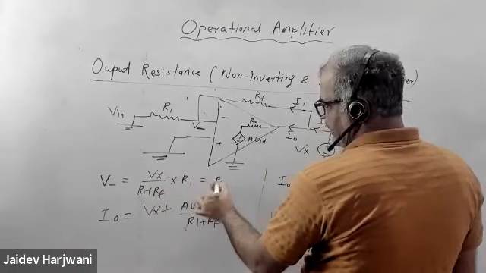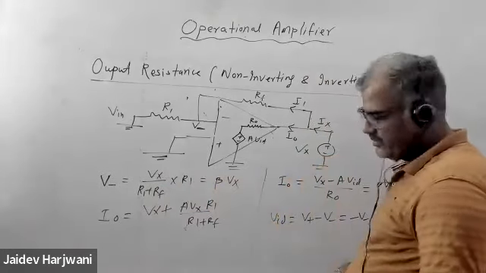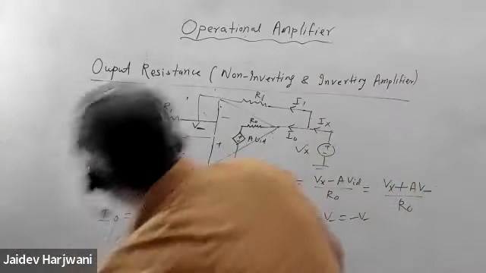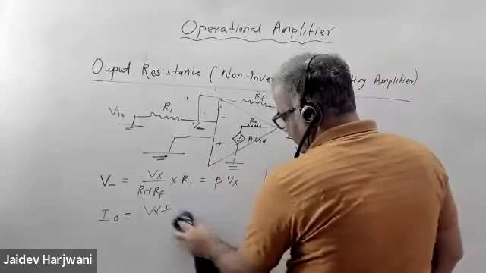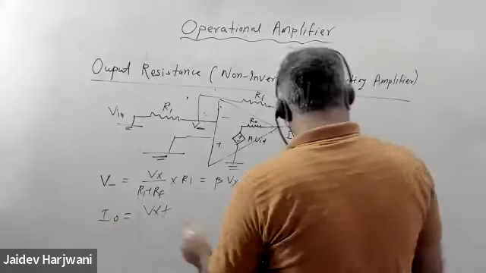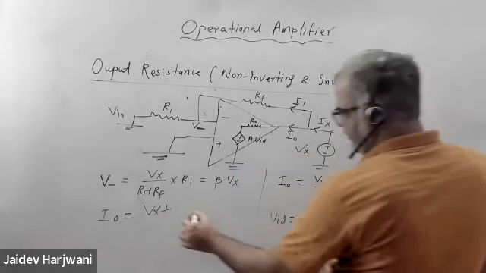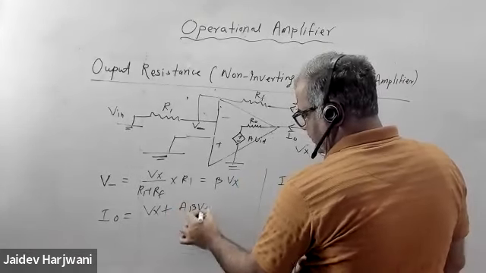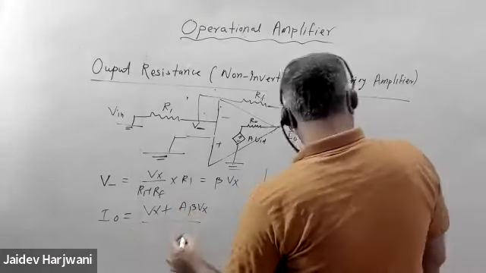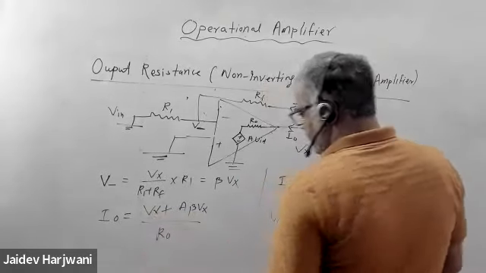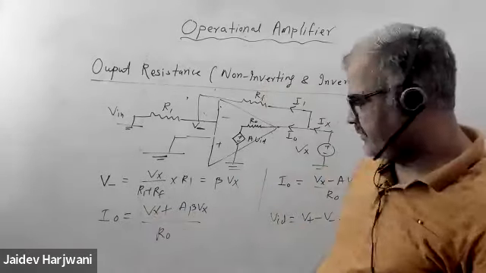You can write this as beta Vx, where beta is R1 upon R1 plus Rf. So here you can write Vx plus A beta Vx upon R naught. This is your value of I naught.